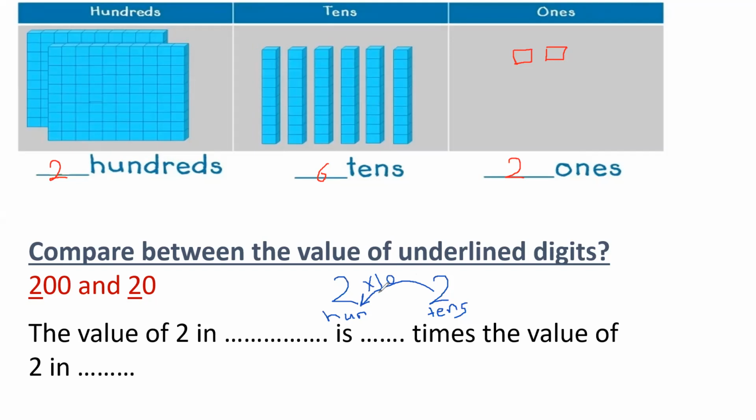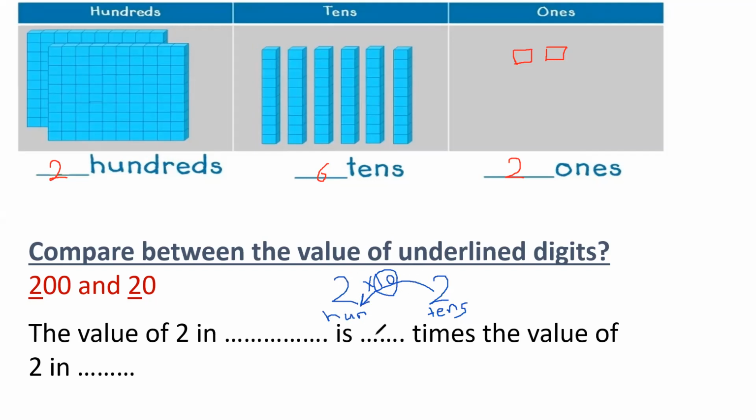Okay, of course, the 2 in the hundreds, right? Because hundreds is bigger than the tens by what? By 10 times. Why? Because if I want to move from the tens to the hundreds, I have to multiply the number by 10.